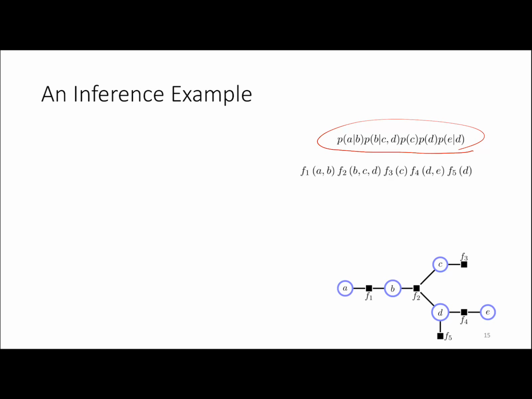It's obvious that this can be converted to this factor graph. This is the term that involves A and B. This is the term that involves A, B, and C. This term only involves C, and so on and so forth. So it's basically the same factor representation, the same joint probability distribution, only represented in the form of factors.